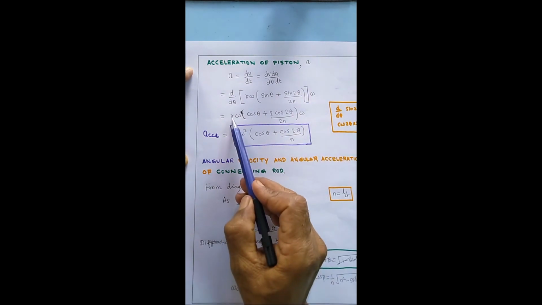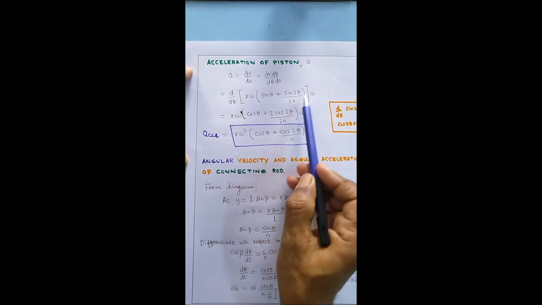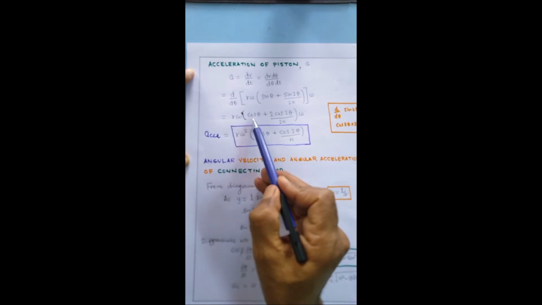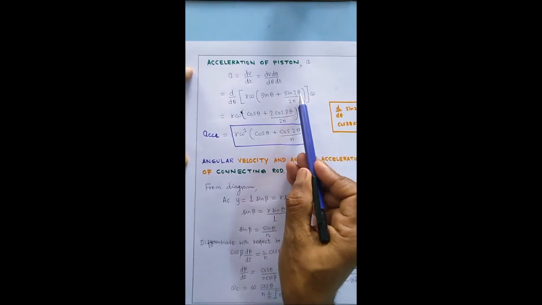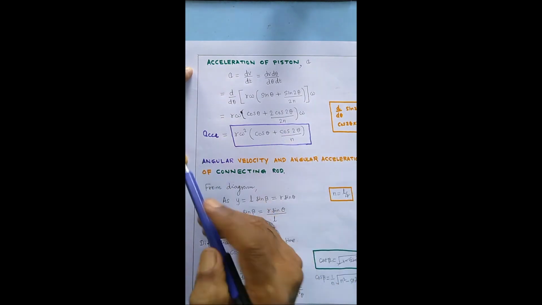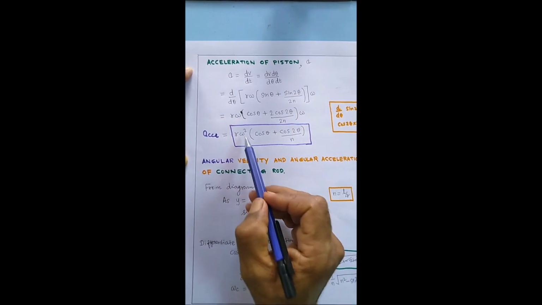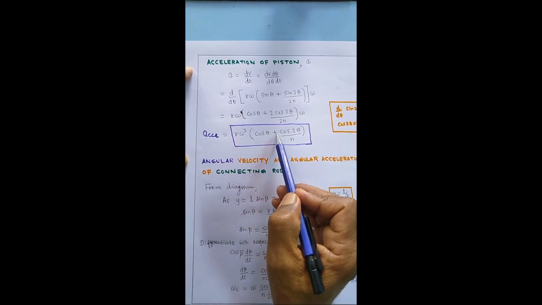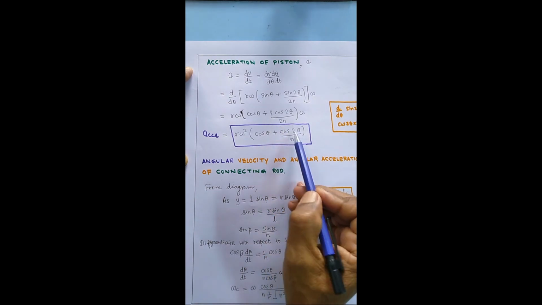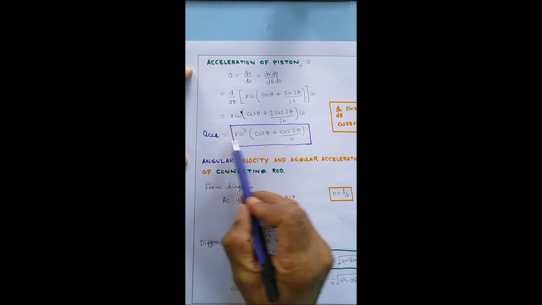So r omega, when differentiating, sin theta will come as cos theta plus sin 2 theta gives 2 cos 2 theta divided by 2n, and this omega will be omega. Then r into omega squared (cos theta plus, 2 getting cancelled, cos 2 theta divided by n). So this is the acceleration of the piston.